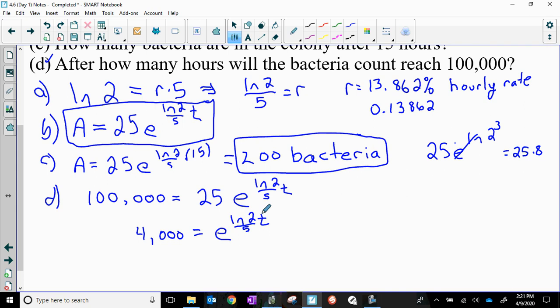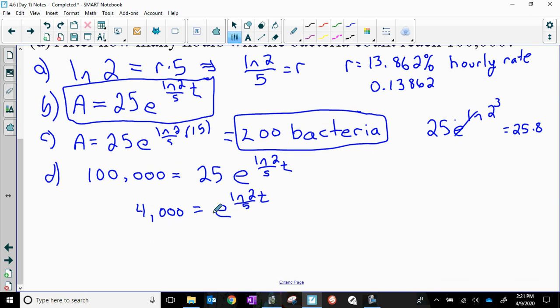So all I have to do is take the natural log of that ratio and divide by the rate. Well, this is why we're doing that. We convert this to a logarithm, it'd be log base e, or the natural log, of our ratio, 4,000 times bigger, equals our rate, which is natural log of 2 over 5 times our time that we're looking for.